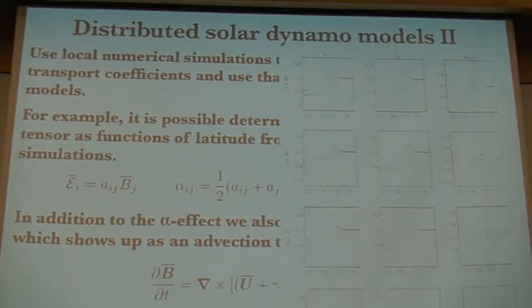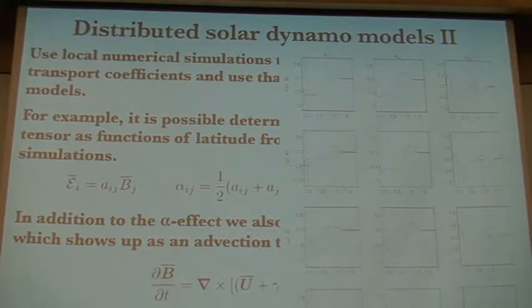And we see that this is the pole, this is now 60 degrees, 30 degrees, and this is the equator. So we see that it has almost a constant value in the convection zone, except of course at the equator where it's 0 by symmetry.